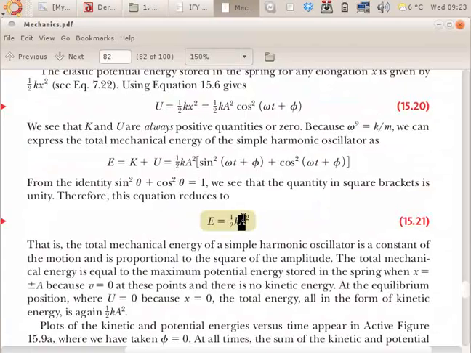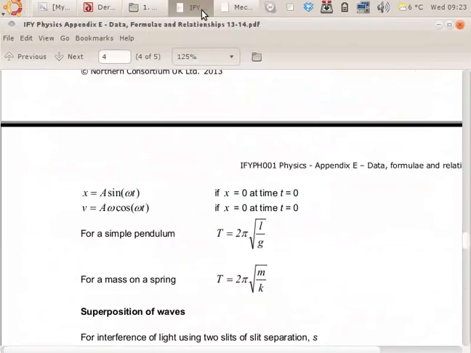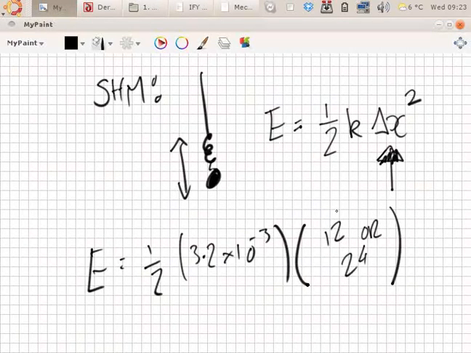It's how much you pulled it from the rest position. So that answers my question. I should be using here 12, and it should be delta x, or maybe actually to make it a bit clearer, not delta x, but to write in amplitude, the A, how much you pull it out. I think would be best.